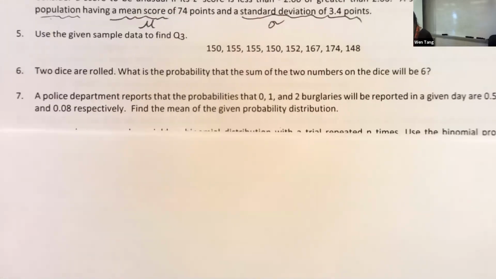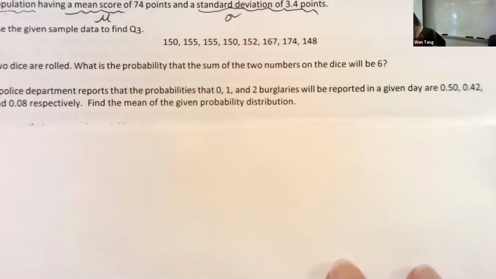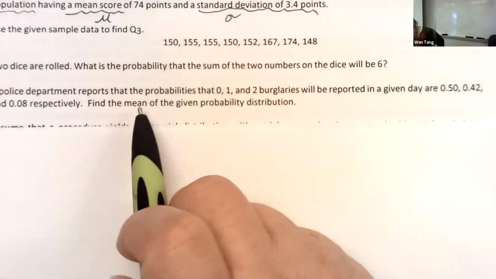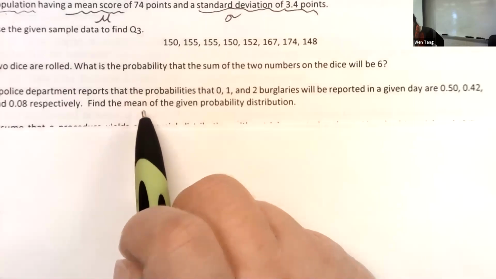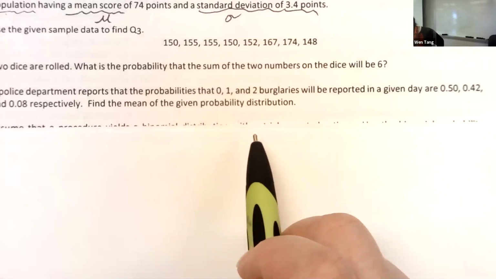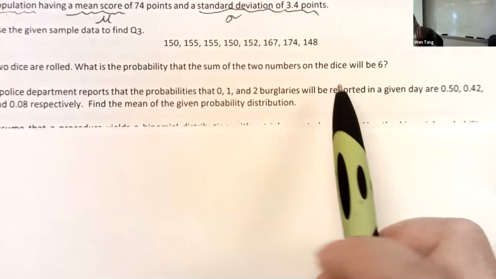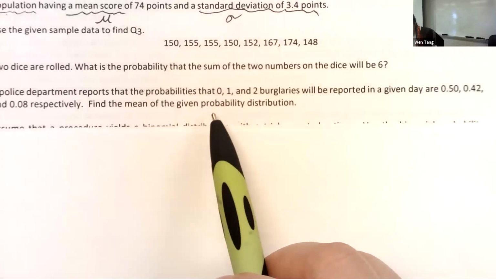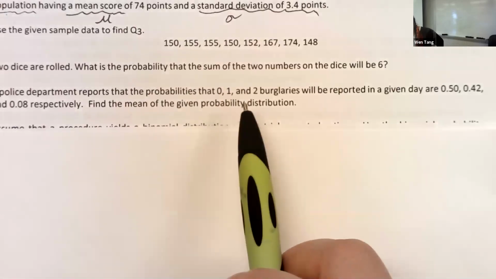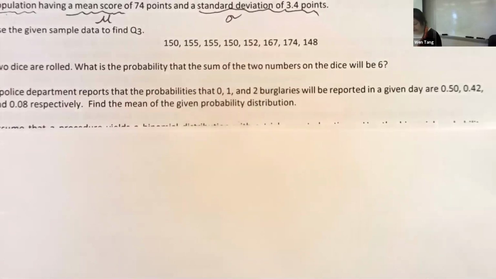So this is the probability distribution. We want to find the mean, because we have the probability distribution. This information gives you the probability distribution, so you could use the information to list that table first.